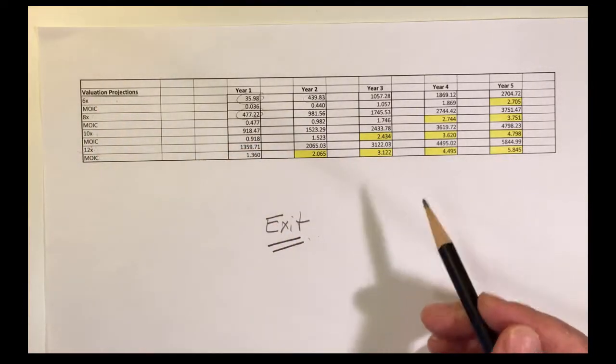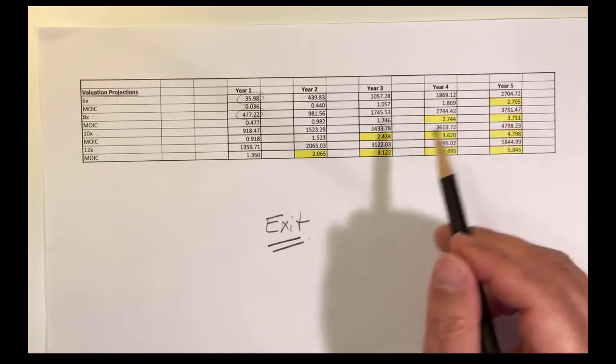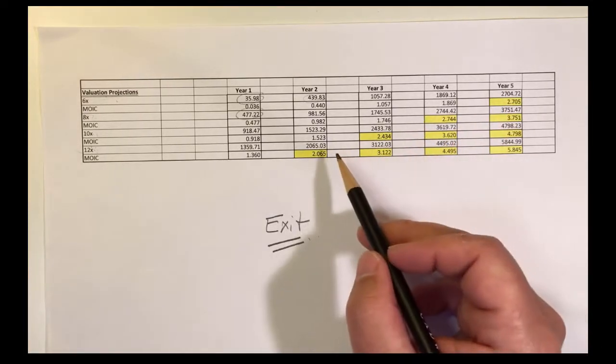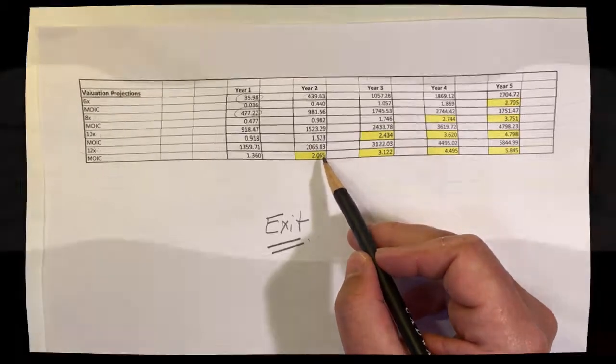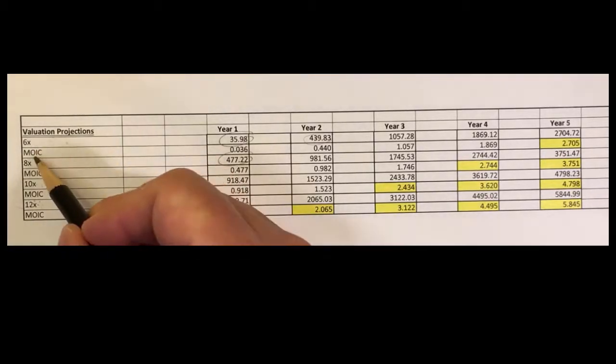All right, so what I've highlighted are a few examples of where we do pretty well. What do I mean by that? Well, what does MOIC stand for? MOIC stands for multiple of invested capital. And what is invested capital?